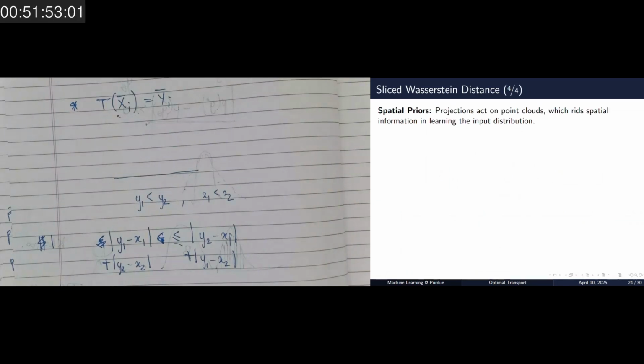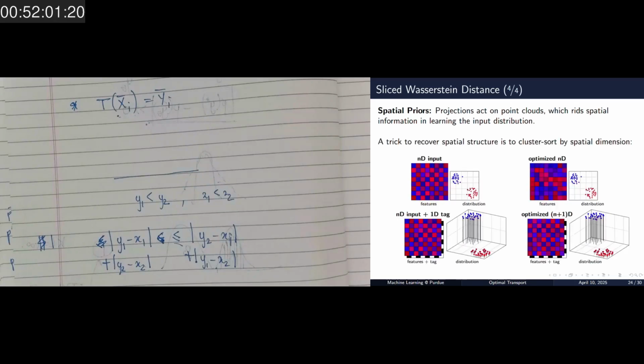All right, awesome. The next problem that you suffer when you use sliced Wasserstein distance is that you lose a spatial prior by projecting into random directions. So, for example, if you have something like a checkerboard where the spatial pattern of the input distribution is very, very relevant, you want to retain that.